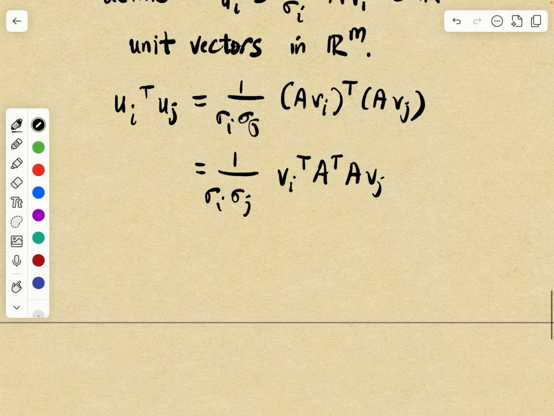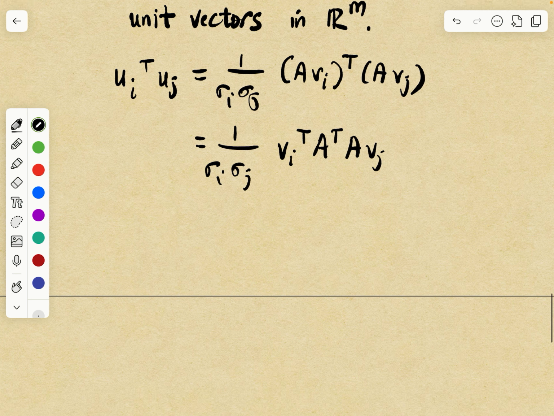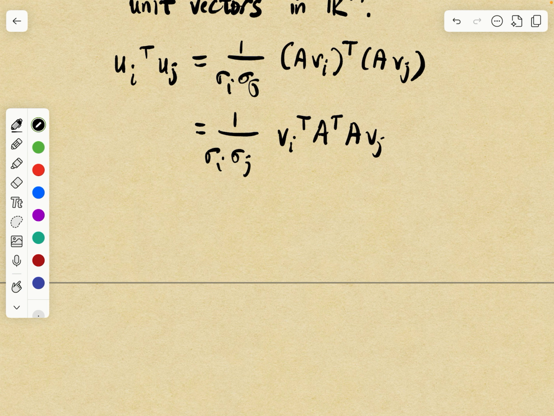Again, we're using this property of the transpose of a product: A times B, the transpose is B transpose A transpose. We use this a lot in this discussion of orthogonality and dot products. And now I have A transpose A Vj here. Well, Vj was an eigenvector of A transpose A with eigenvalue lambda j.